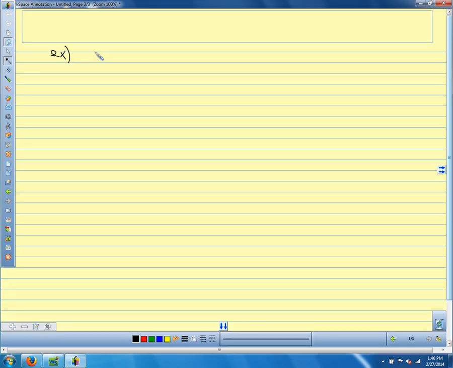We have 2 log x equals 5. Because we just have one logarithm, I want to isolate the logarithmic function. So what do I need to do to isolate it? Divide by 2. So I get log x equals 5/2.